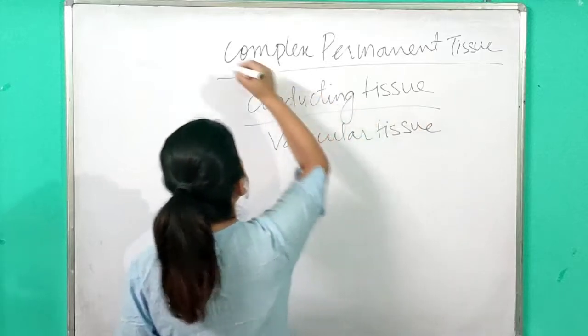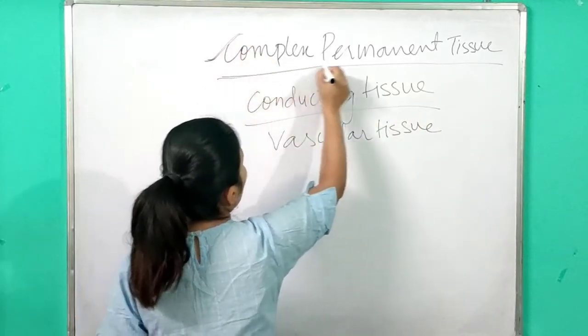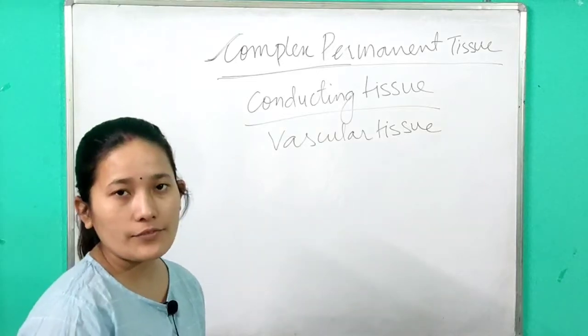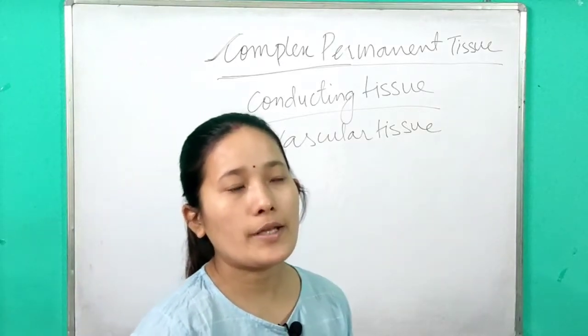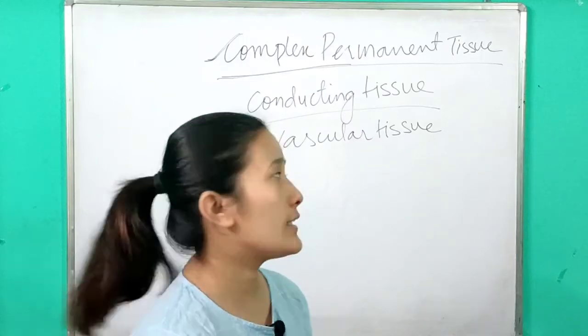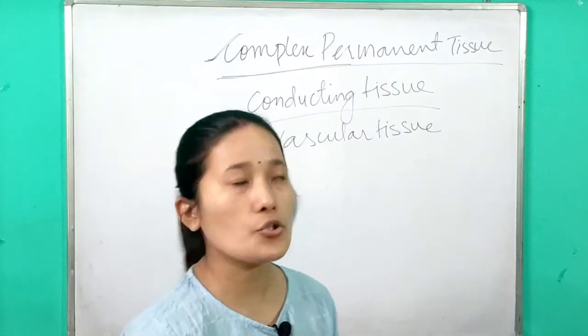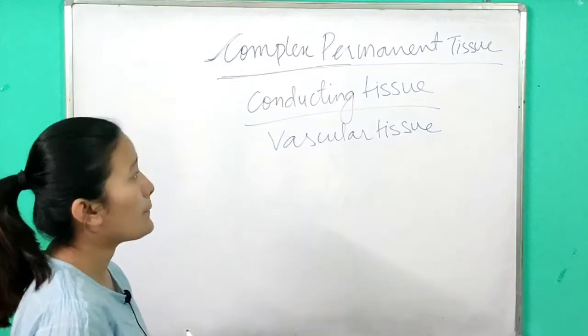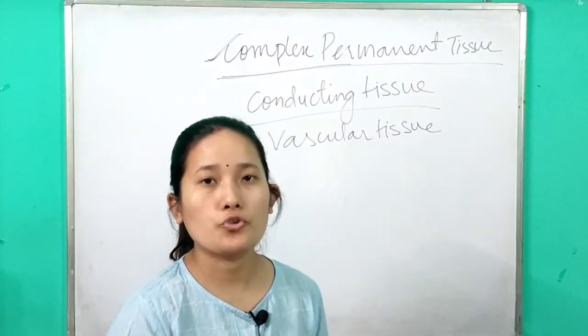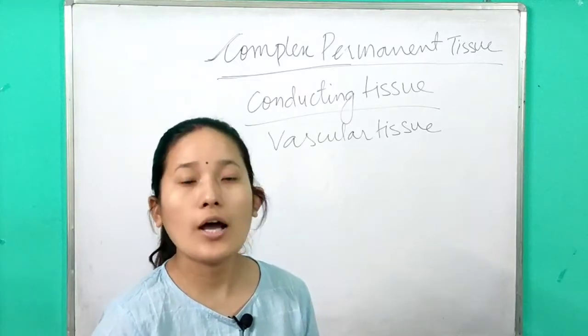Now if we go simply by the name complex permanent tissue, the name itself tells you that it's made up of more than one thing, that is more than one type of cell in this case. So your complex permanent tissues are made up of many types of cells, unlike your simple permanent tissue which was made up of just one type of cell.